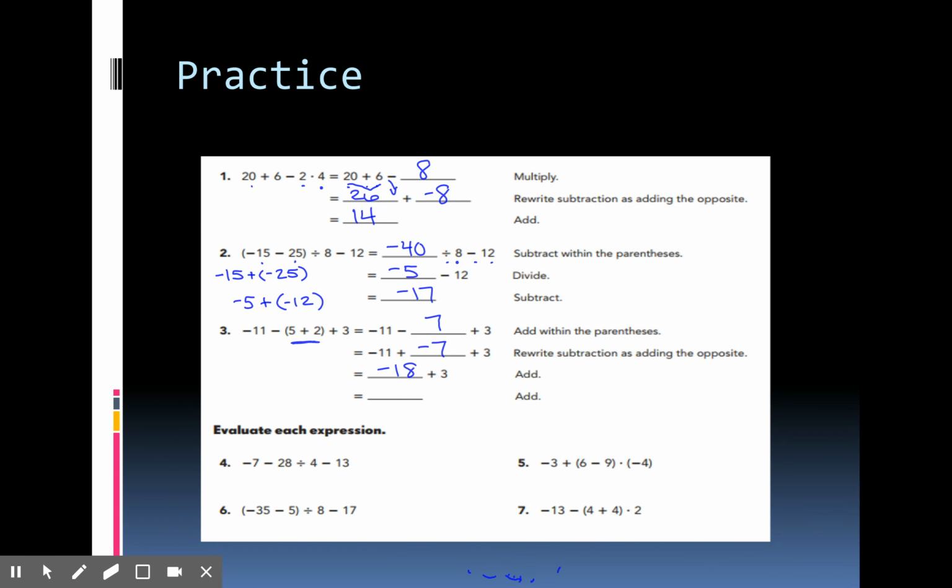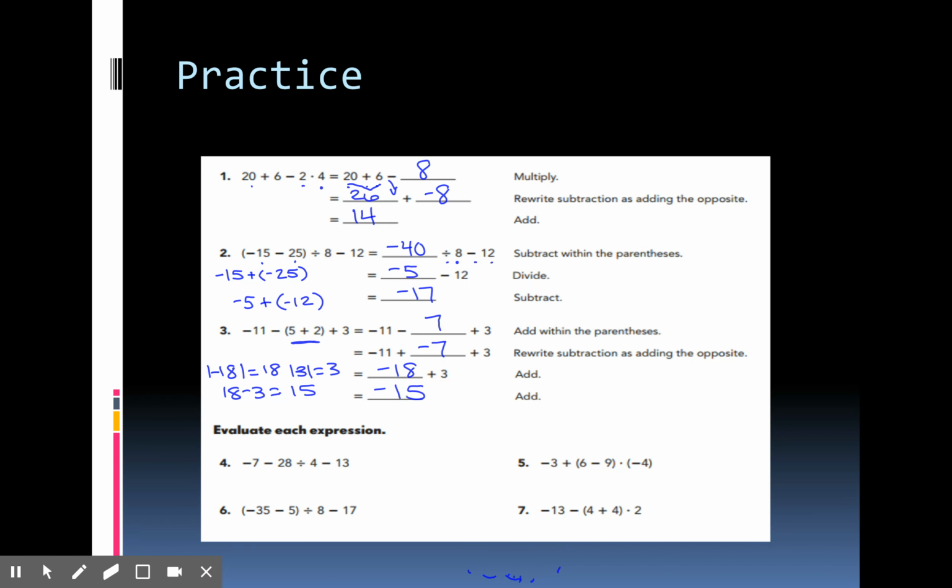Negative 18 plus 3, in case you forgot, we do the absolute value of both and subtract: 18 minus 3 equals 15. Because my negative was larger, it will be a negative 15.